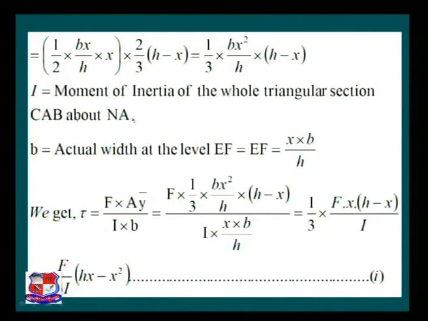Refer to this: tau is proportional to the minus x square term. The x square term suggests that the variation is parabolic in nature. The minus term suggests that as we proceed from the neutral axis to the top, the value of shear stress goes on reducing.